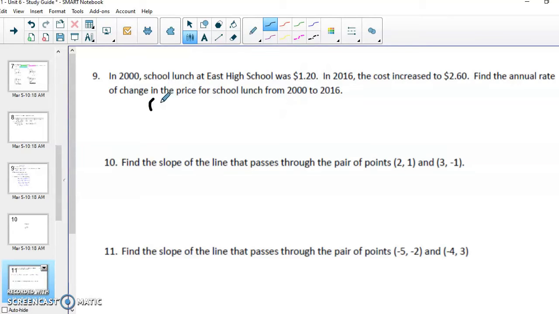So remember, for years, we don't look at 2000 as a year. We look at that as the starting point. So it would be 0, 120. 2016 is 16 years later, and the price is now $2.60. From there, it's just a simple slope formula problem.